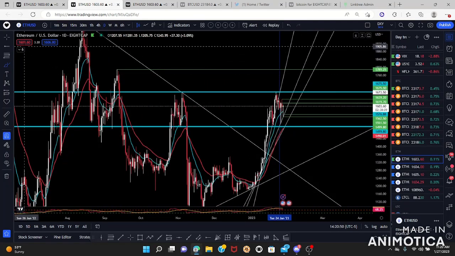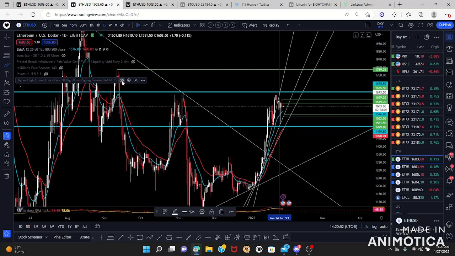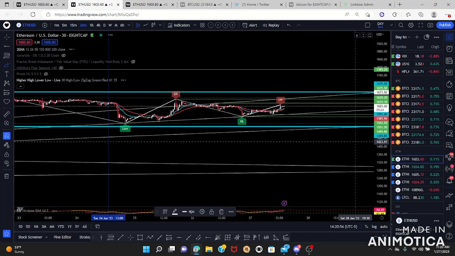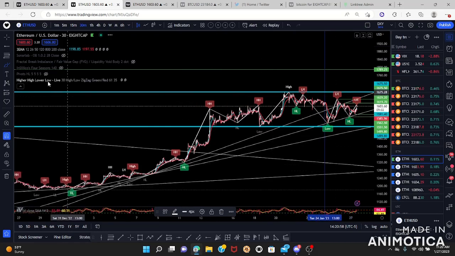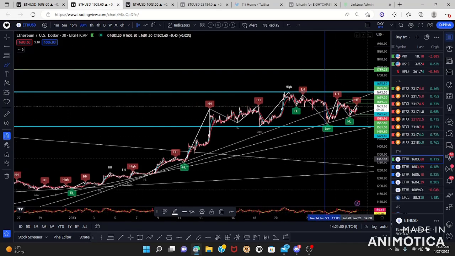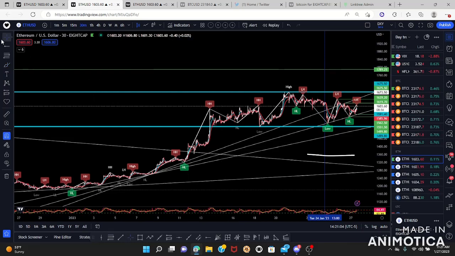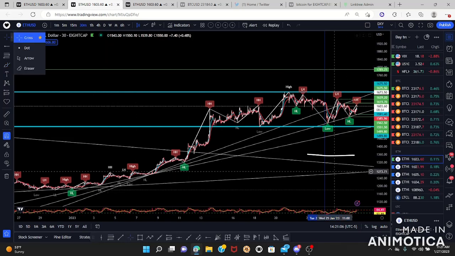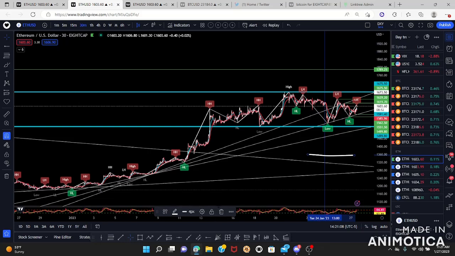Oh, another thing that I did notice, I used my highs and lows indicator to find a good pattern within a contraction area. Sorry. So I turned it on. Check this out.